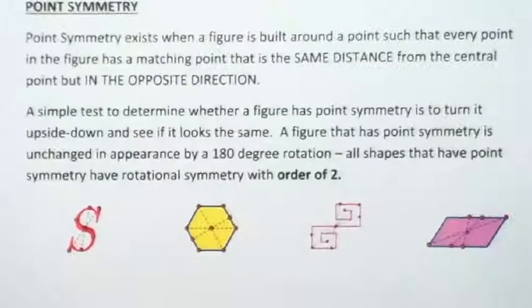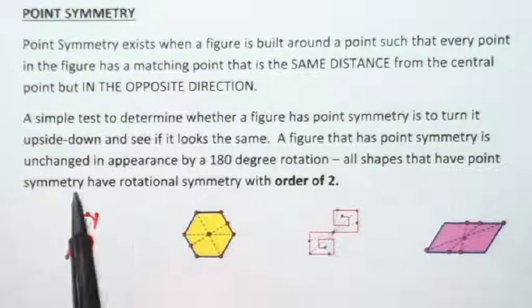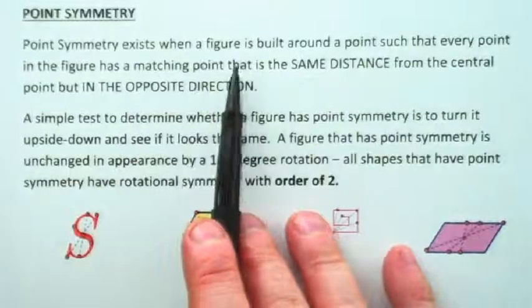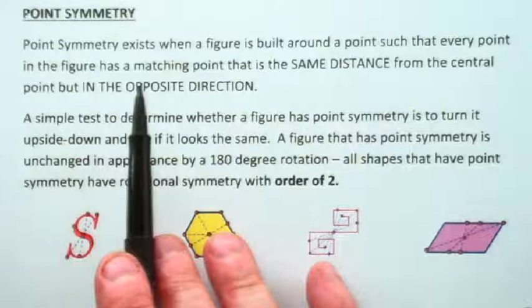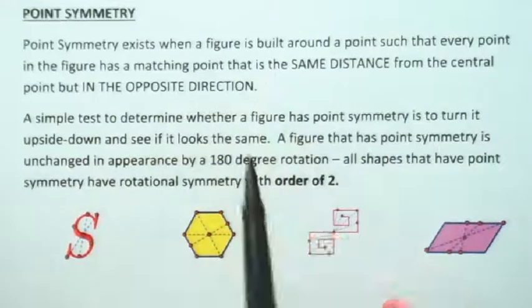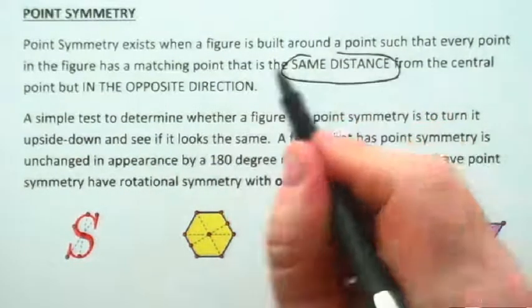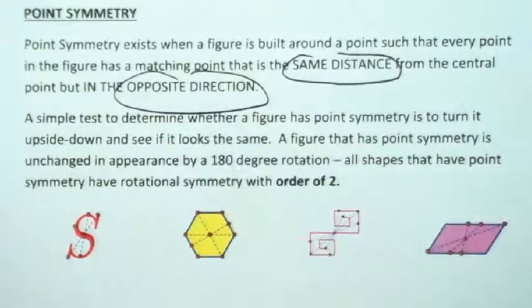Finally, let me just talk about point symmetry. We're not going to do much with it, but point symmetry exists in a figure built around a point such that every point in the figure has a matching point at the same distance in the opposite direction.